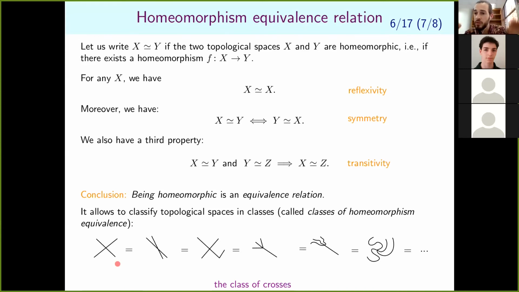You remove a point, the center of the cross. This has an image. You obtain an interval without a point, so this is two connected components. And the cross without the center point is four connected components. So this is a contradiction.